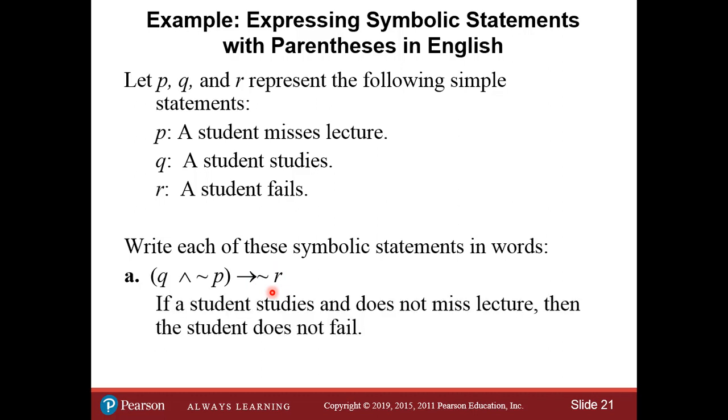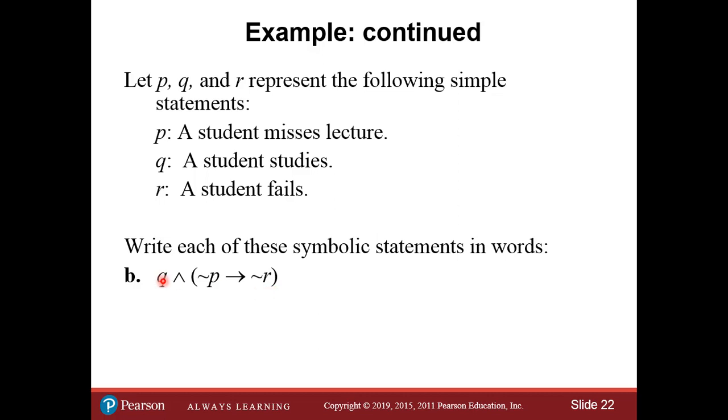Okay? Now what about this one? Now this is saying, here's the parentheses, okay? The Q is the student studies. So the student studies, and if he doesn't miss lecture, then the student will not fail.